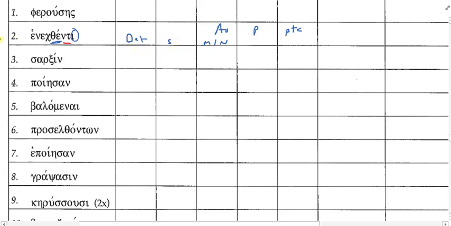So what I'm left with over here is the en-ech part. En-ech-thenti. So what are some possibilities for a lexical form here? Okay. So if echo is our verb, how would we account for what we've got here? What's that? Right.